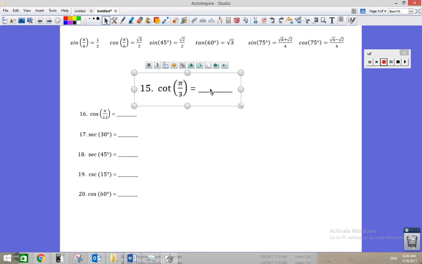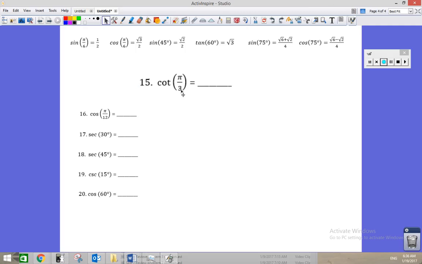For the cotangent of pi over 3, I look here and it doesn't give me the cotangent of pi over 3. But pi over 3 is the same thing as 60 degrees. Does it give me the cotangent of 60? No. Cotangent and tangent are cofunctions. Does it give me the tangent of 30 degrees? Okay, it gives me the cotangent.